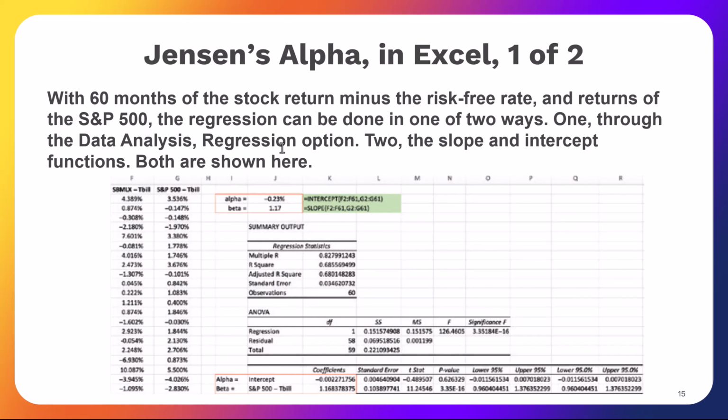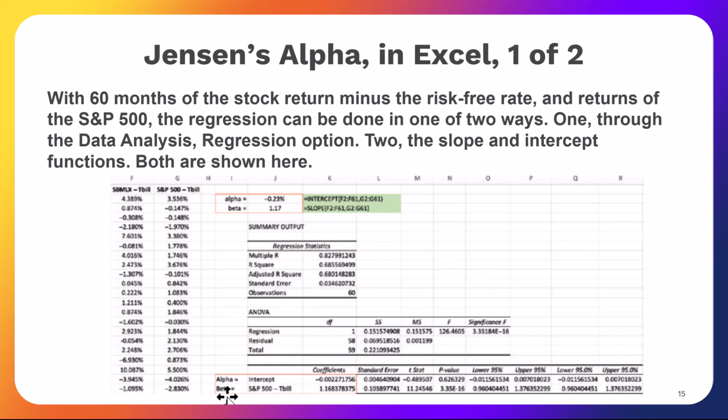It's probably a little easier to deal with the Excel formulas. However, if we're doing statistics, we would be interested in the statistical significance. If you look at the p-value here, it's kind of hard to see, but the p-value for alpha is 0.62, and for beta, it's 3.85, but it has 16 zeros before the decimal point.